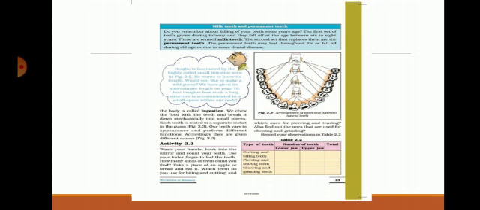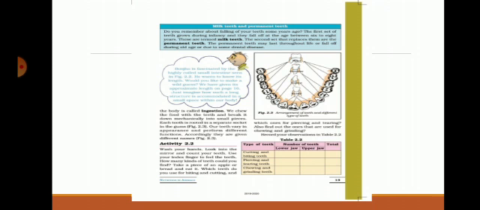Write in your NCERT book, page number 13, table 2.1. First column: type of tooth, cutting and biting teeth. Second column: number of teeth, lower jaw, upper jaw, then the final total.